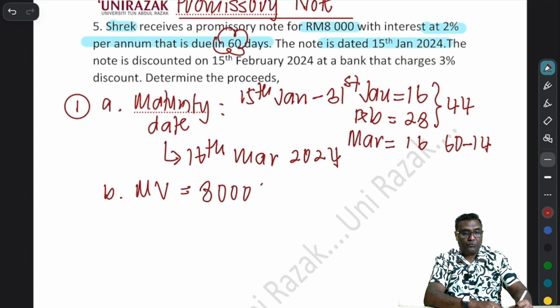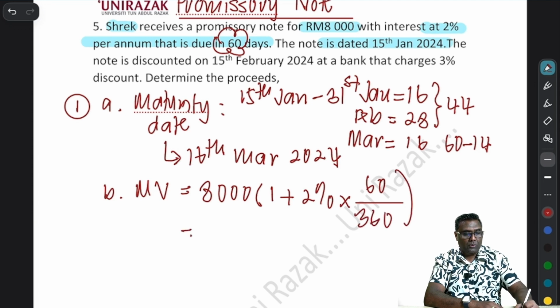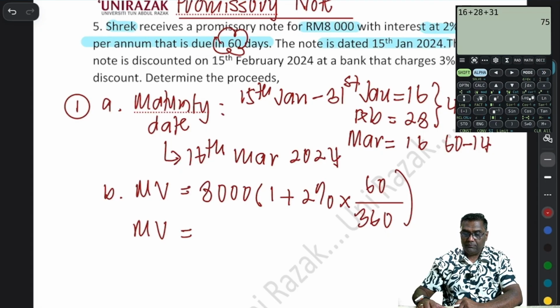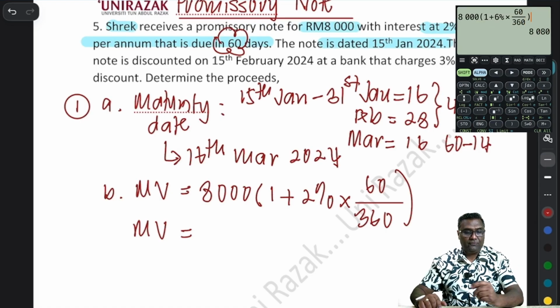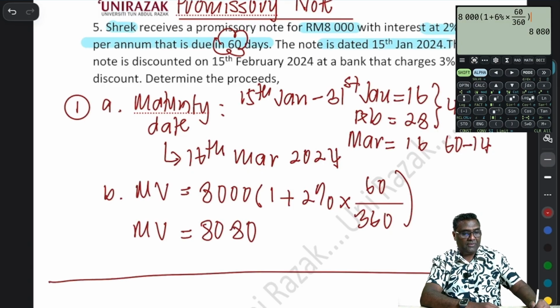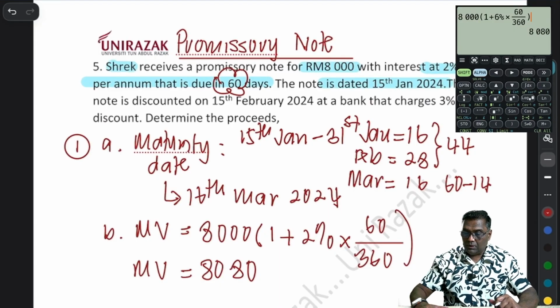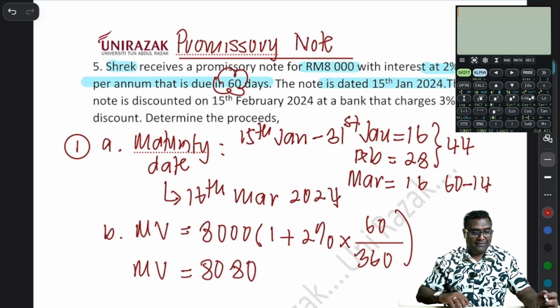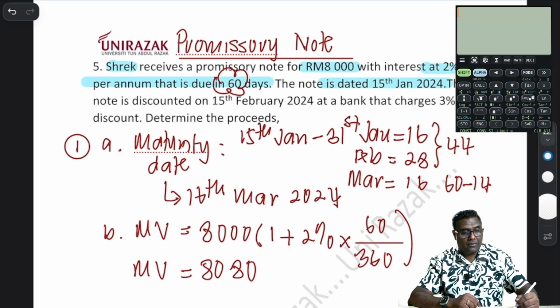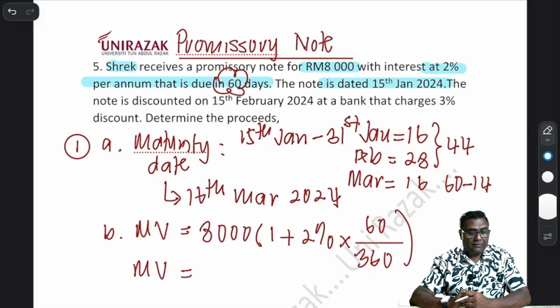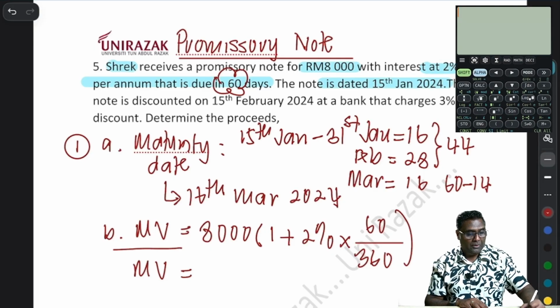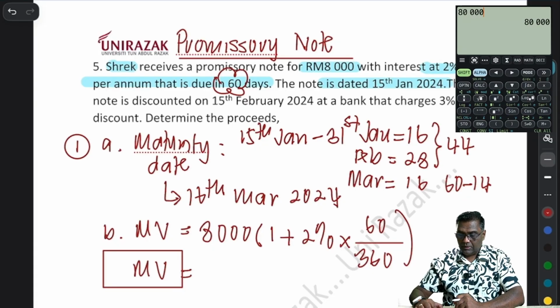Next part, maturity value. We are going to use the simple interest formula. Maturity value is going to be 8,000 times 1 plus 2% times 60 over 360.